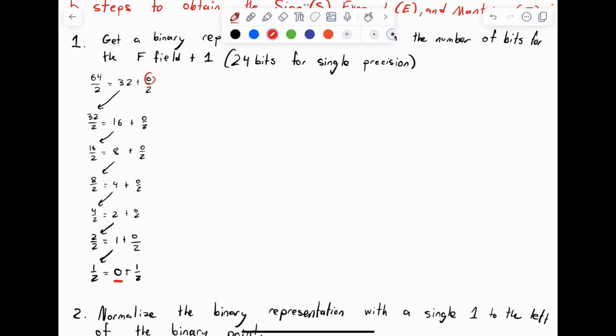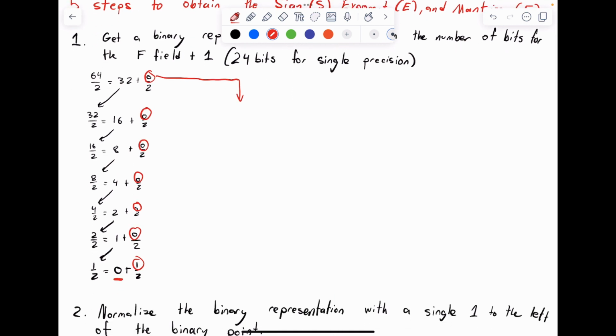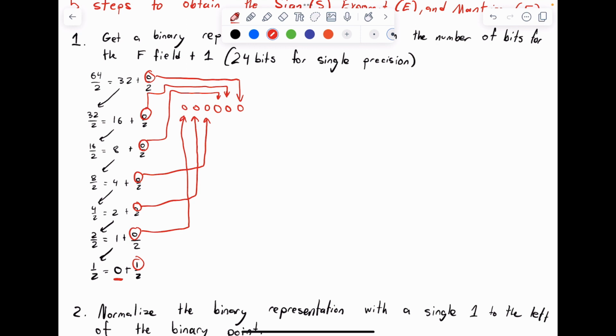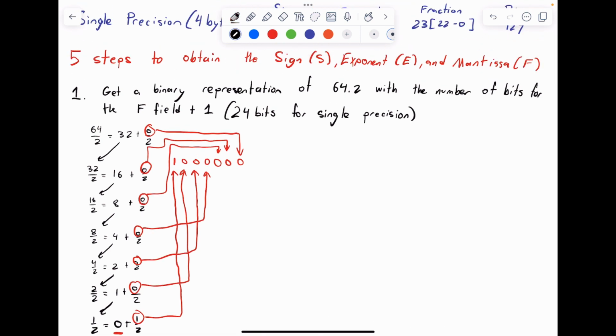So then for the remainder parts, 0, 0, 0, 0, 0, 0, and 1, we can now make up the integer part of the binary representation of 64.2 by bringing this to be the least significant bit, this to be the next least significant bit, and so on. Okay, so that's 64 represented in binary.